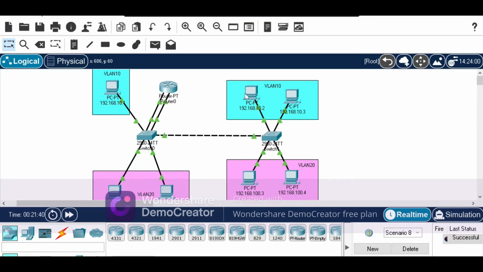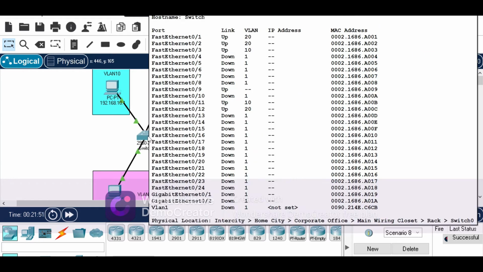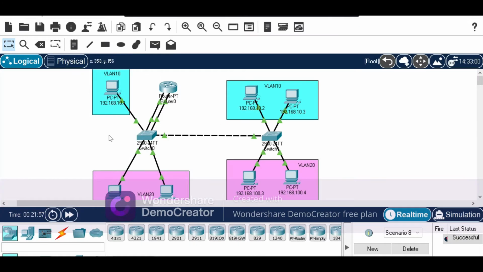We saw that 10.2 sent a message to switch 1, and from switch 1 the message moved to switch 0. As tunneling has been done on switch 1 and switch 0, switch to switch communication has been established, and the message gets transferred to 10.1. 10.1 is also able to send a response back to 10.2.